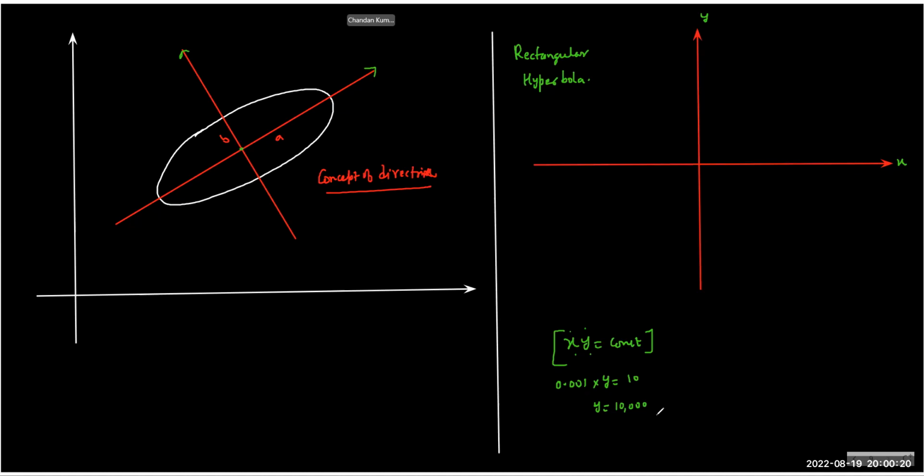So if x is very small, y is very large. x is 1/1000, and y is 10,000. If x is really, really small, y will be really, really large.